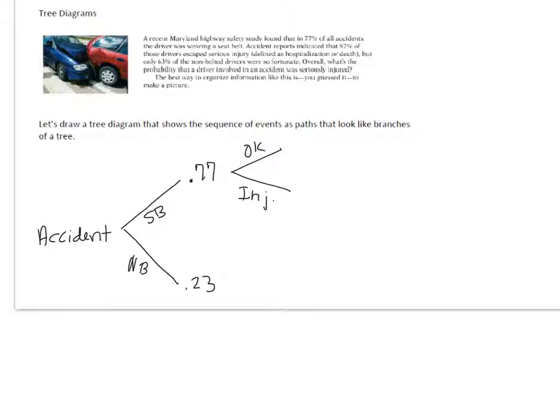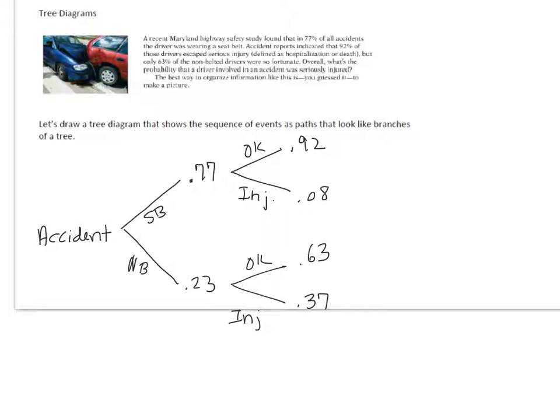From the wording in this problem, we know that 92% of those who wore the seatbelt were okay, meaning that 8% got injured. And for those who didn't wear the seatbelt, again, the outcomes were either you were okay or you were injured. For those that were okay, 63% were okay when they didn't wear the seatbelt, where 37% were not okay.